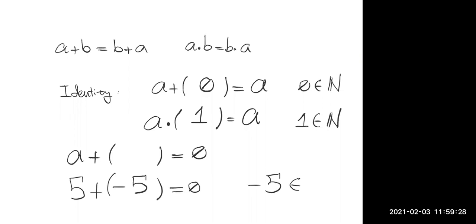Remember, with our definition, natural numbers are the set of non-negative numbers, positive and 0. -5 is not in N. So I can't find anything. That property of fields does not hold here.